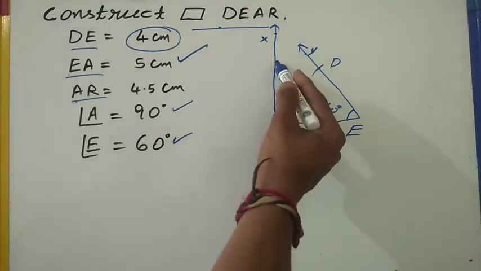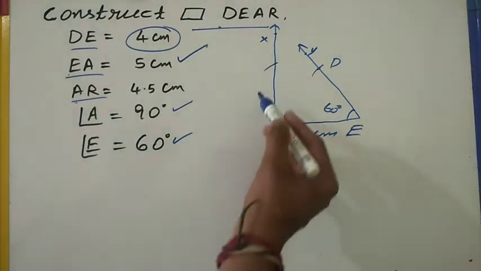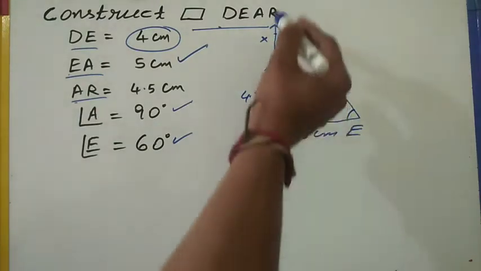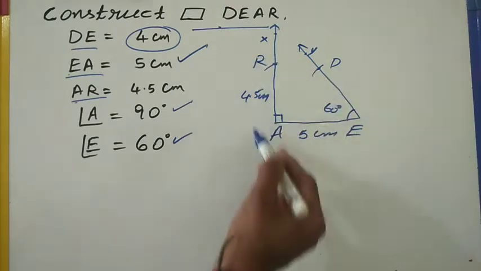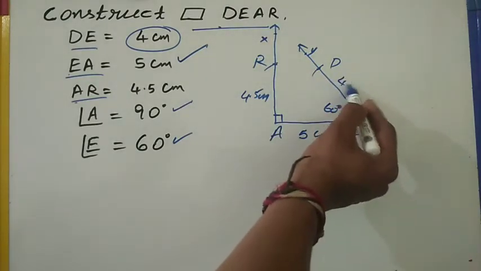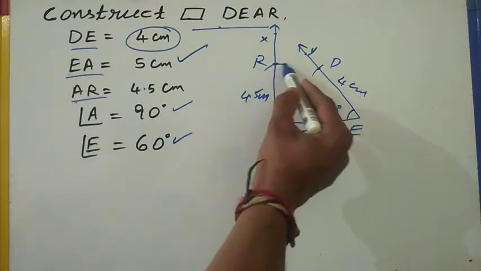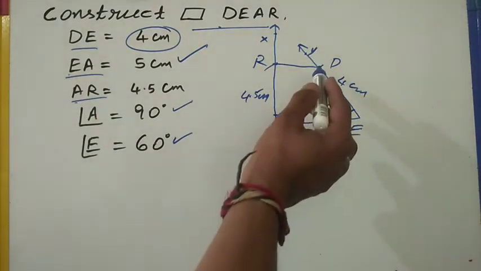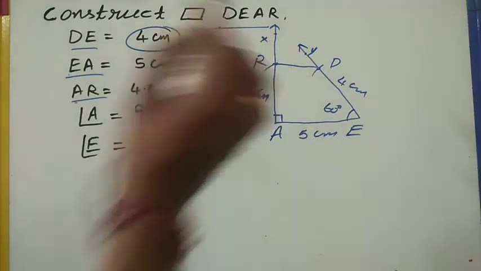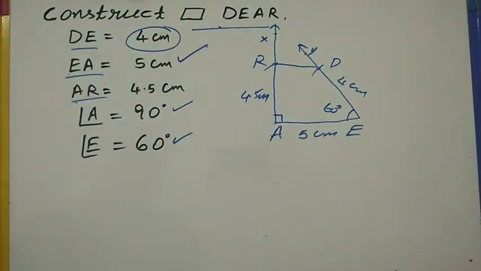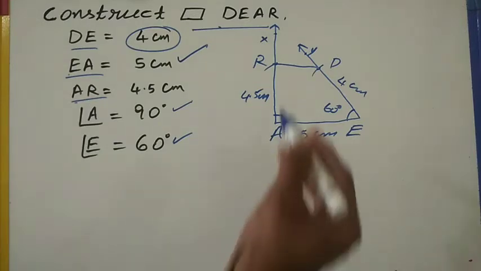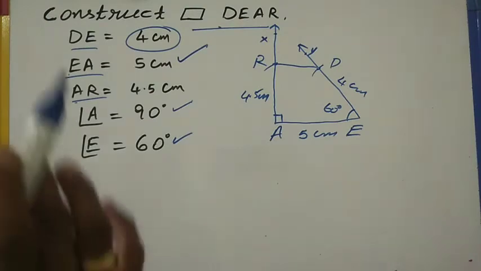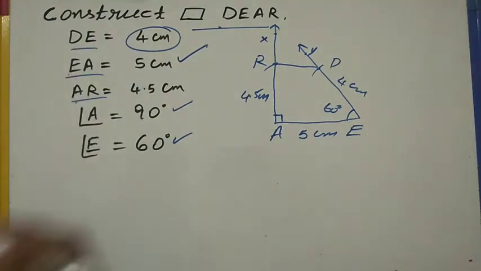I will cut here at 4.5 centimeter on the AX ray, it gives me a point R. So, here DE is of 4 centimeter, and if I join RD, I will get the required quadrilateral DEAR. This is the method of construction. Here I have drawn a rough sketch. Here is a given. Note down up to here. We will go for actual construction.